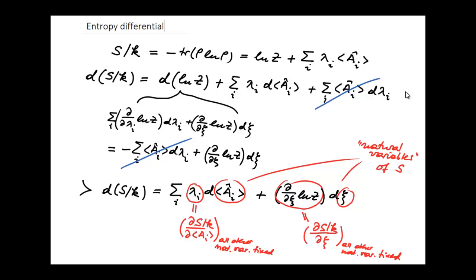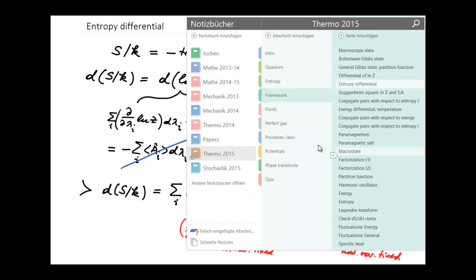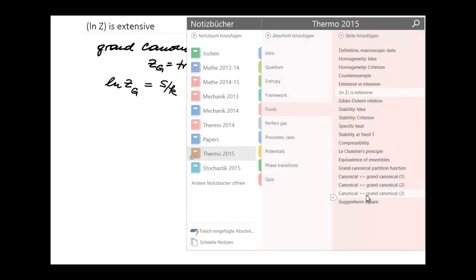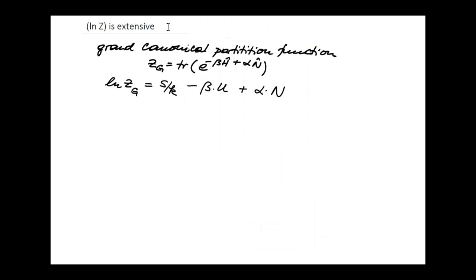In our case, in the grand canonical case, we have two expectation values, U and N, and the associated Lagrange parameters beta and minus alpha. And this gives rise to the formula that I just showed you for the log of the grand canonical partition function.